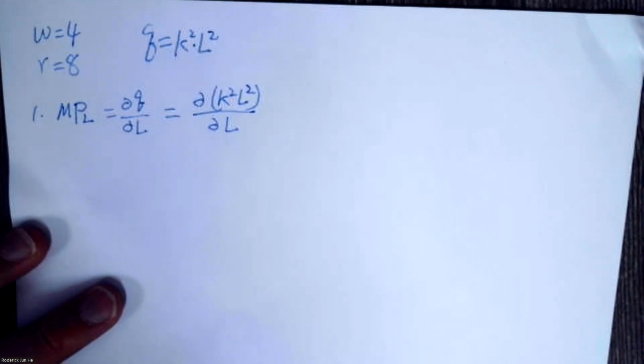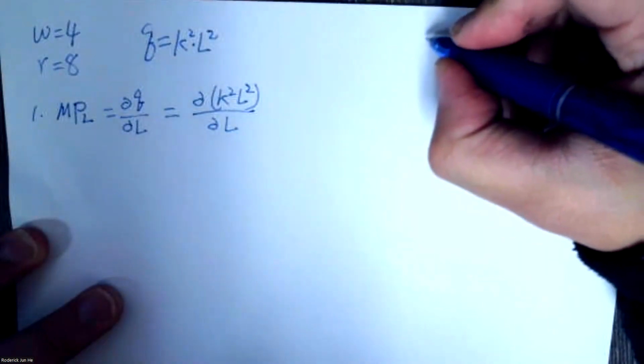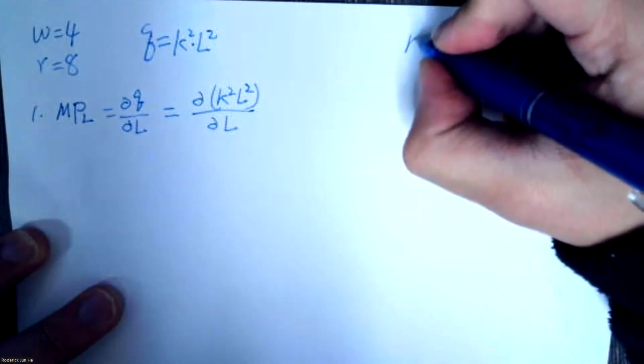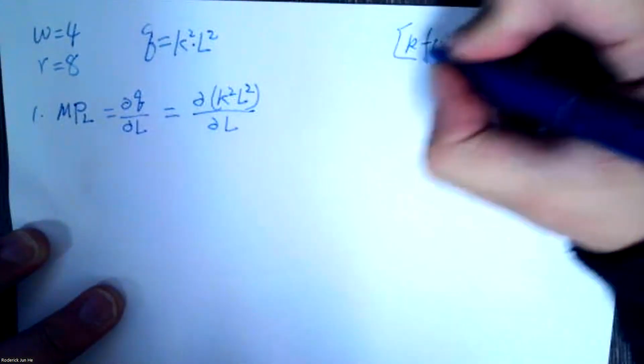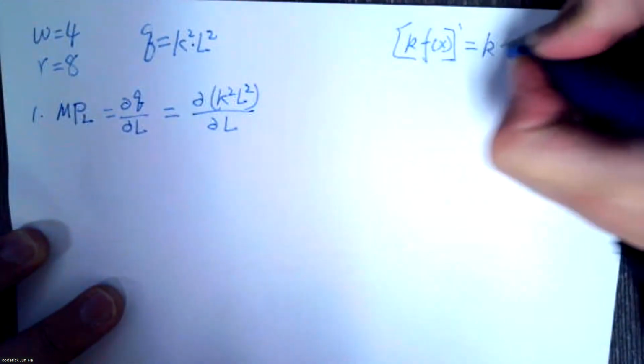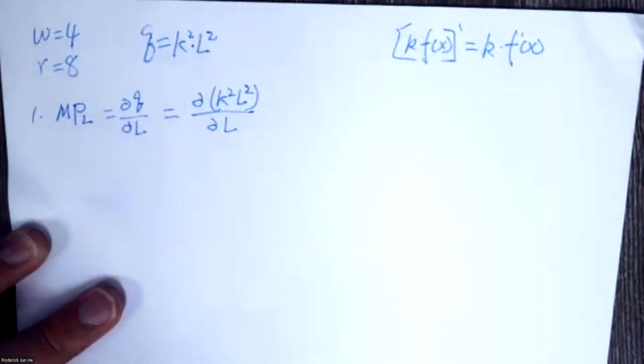According to the constant multiple rule, the derivative of k times f(x) equals k times the derivative of f(x).